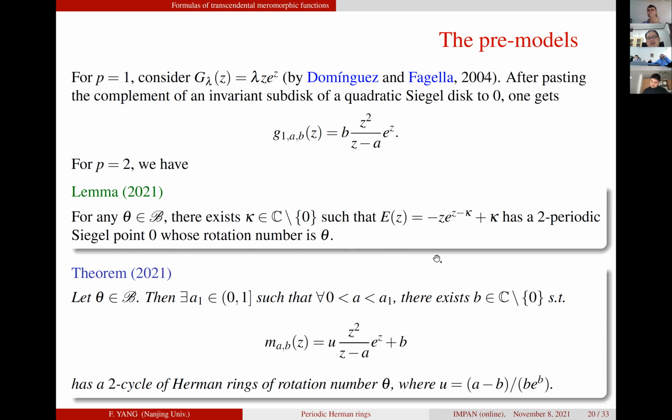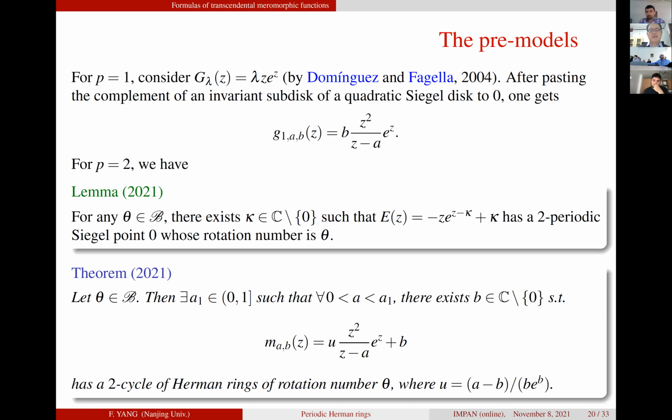Then from this map, we can use quasi-conformal surgery to produce a meromorphic function such that it has a 2-cycle of Herman rings of rotation number theta, where theta is of Bernoulli type.